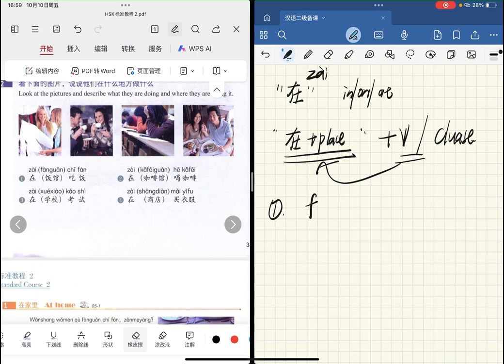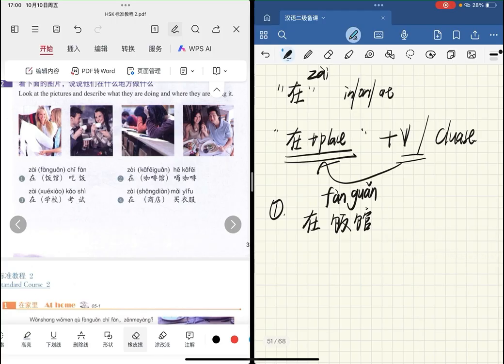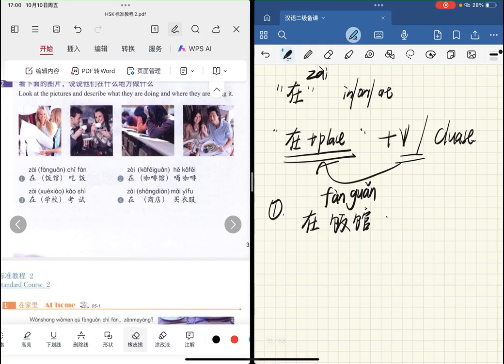饭馆. Do you know what's the 饭馆? It's a restaurant, or 餐厅. It's a place, right? So we can say 在饭馆, at a restaurant. And do what? What can we do at a restaurant? We can eat, have dinner, right? 吃饭.